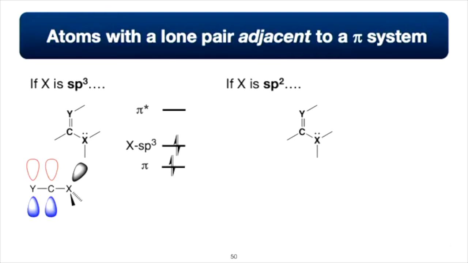But if you instead assume that they are sp2, this is not to scale, but I hope that you notice the big difference in energy on these. Remember, energy always increases up, and as chemists, we want everything to be as low as possible. Okay? So here, by assuming that they're sp2 instead, when we mix those orbitals, we gain a huge amount of energy on the right side in the most stable orbital.